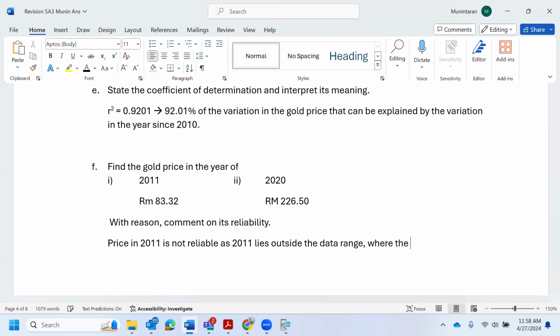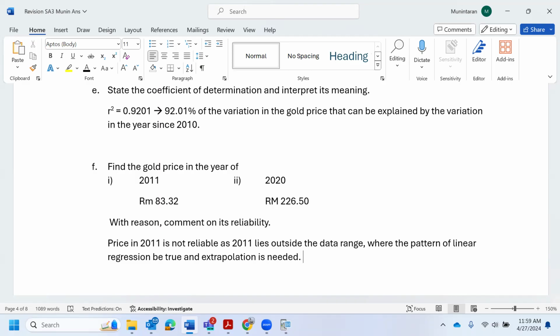So we do not know where the pattern of linear regression may not be true, and extrapolation is needed.